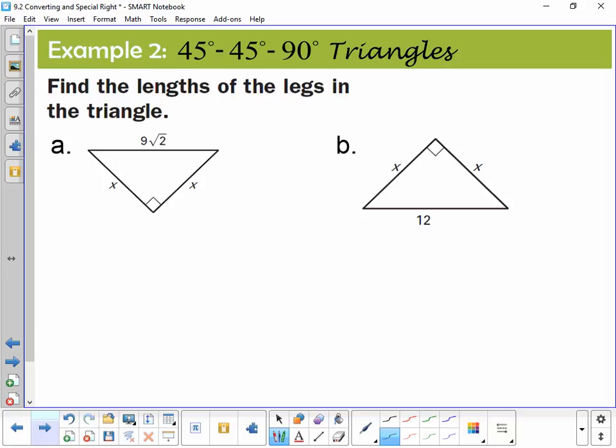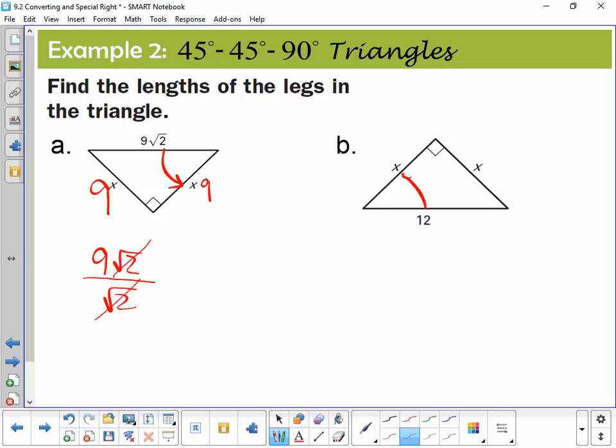Find the length of the legs now. Well, if I know the hypotenuse is 9 root 2, the legs must have been 9. If you know the hypotenuse, the way to find the legs is to divide by root 2. So in this case, it just reduces to 9.